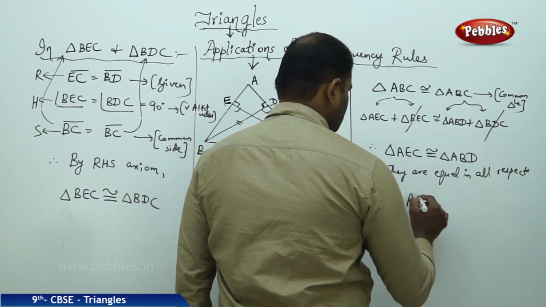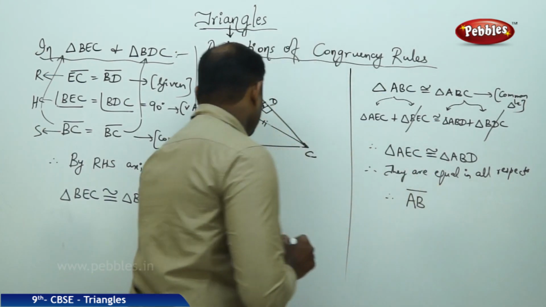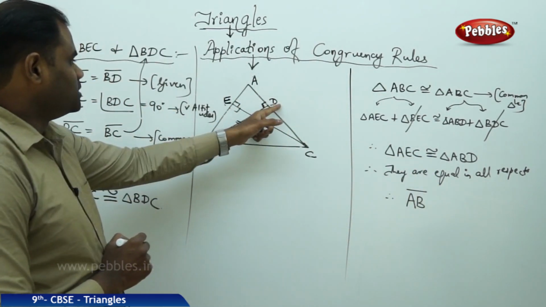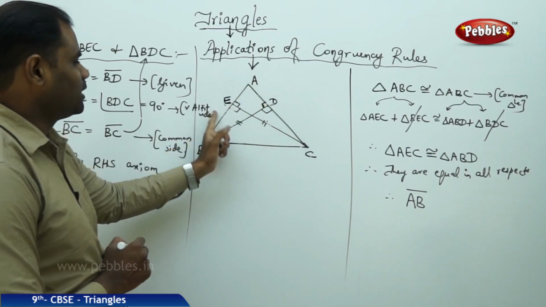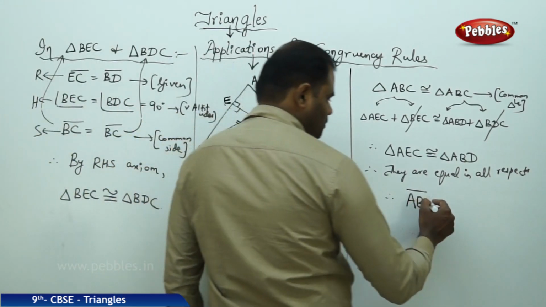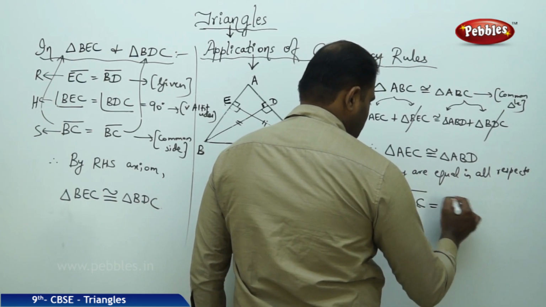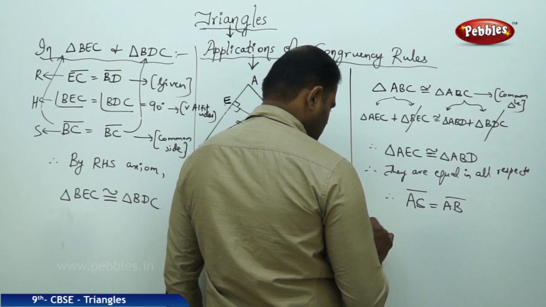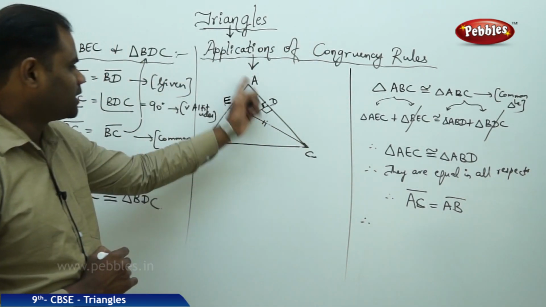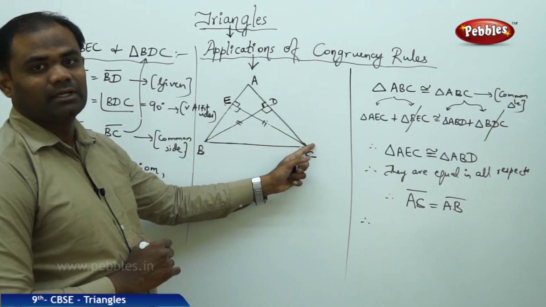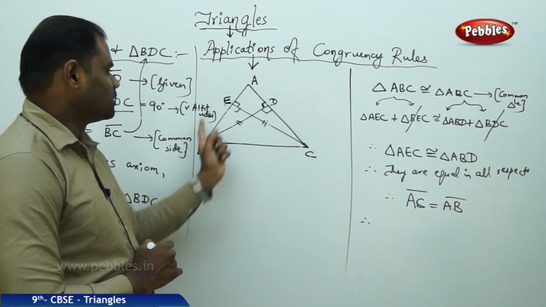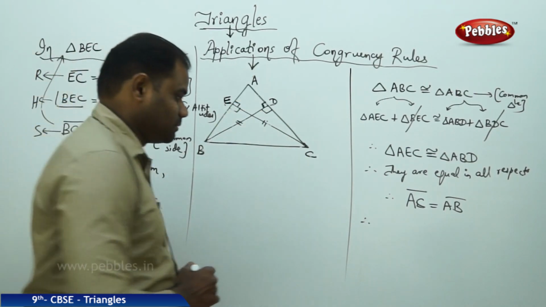Therefore, AB of triangle ABD must be equal to AC of triangle AEC. So AB equals AC. Therefore, this AC which connects the whole triangle ABC is indirectly equal to the side AB connected to the whole triangle ABC.